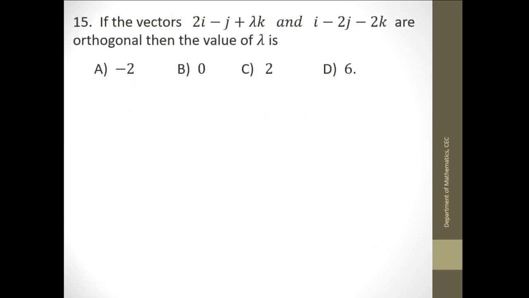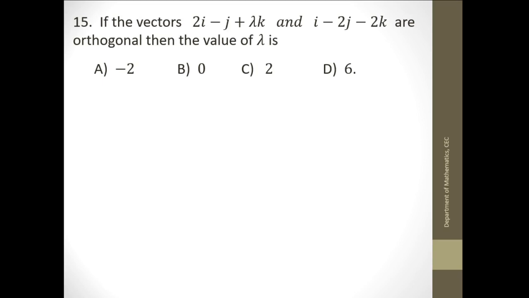Next question. This is about vectors. If the two vectors are orthogonal, that means they are perpendicular, then what is the value of lambda? When two vectors are orthogonal, their dot product is 0. How to find the dot product? A dot B is A1 B1 plus A2 B2 plus A3 B3. Here 2 into 1 plus minus 1 into minus 2, that is 2 plus 2, 4, plus lambda into minus 2 lambda equal to 0.